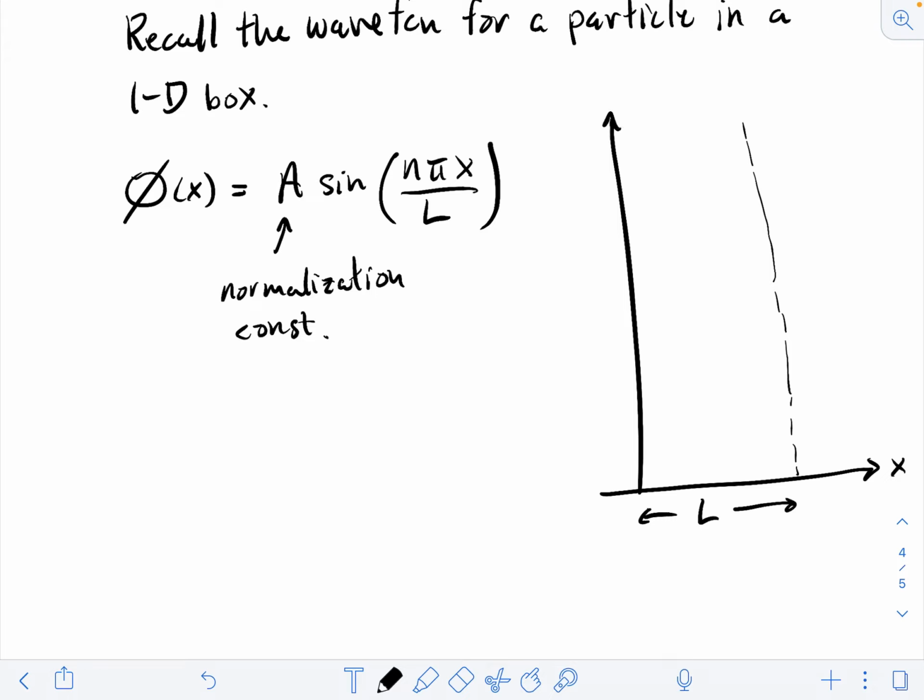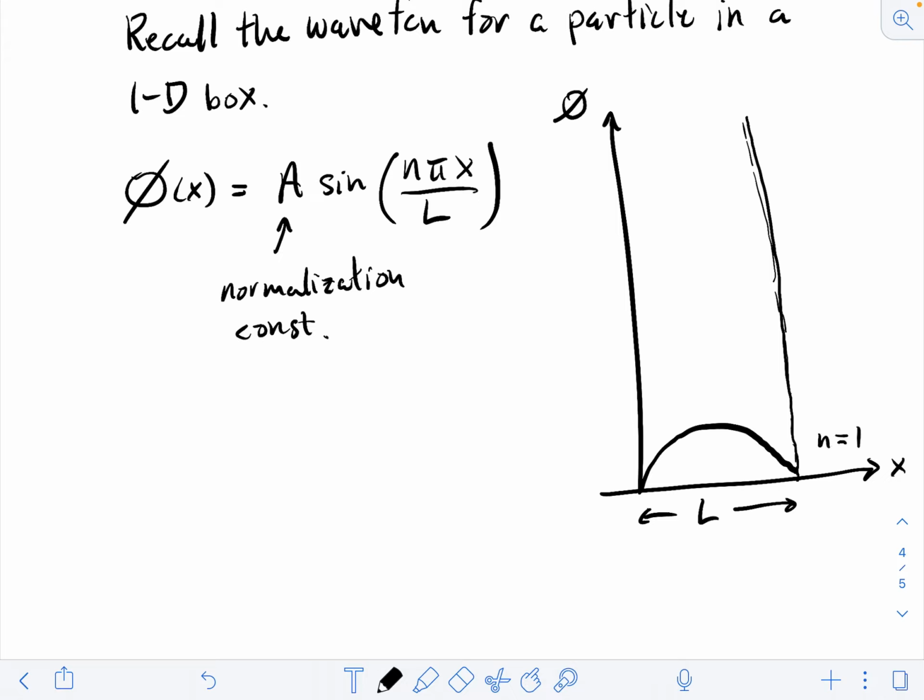And so I want to draw some of the wave functions that exist. If we had an infinite square well, that means that the potential goes to infinity outside the well, and the wave function will vanish. And so there are some boundary conditions. If you recall, the boundary conditions require that the wave functions have to vanish.